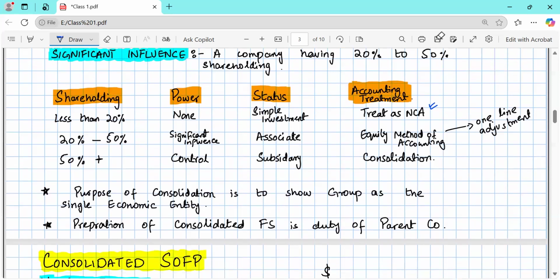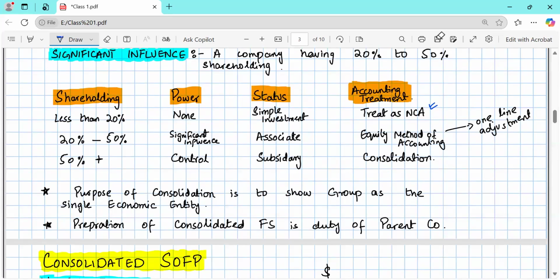Now, what is the purpose of consolidation? Purpose of consolidation is to show group as a single economic entity. So the two companies which are individual in a sense, company A and B. Now, let's say company A holds 70% shares of company B, so it means now you have a control. Now you will prepare consolidated statements, and in the consolidated statement you will show this as a single economic entity.